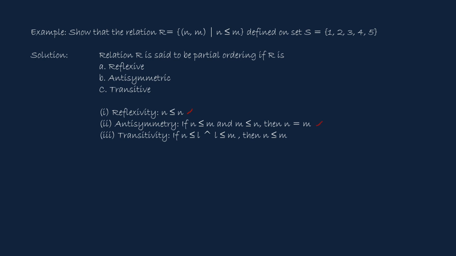Then the transitivity: if n is less than or equal to L and L is less than or equal to m, then we can say that n is less than or equal to m. So, it is true. We can say that the relation R is reflexive, antisymmetric, and transitive. Therefore, R is a partial order relation.